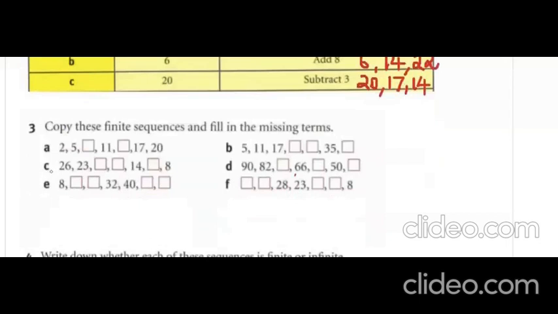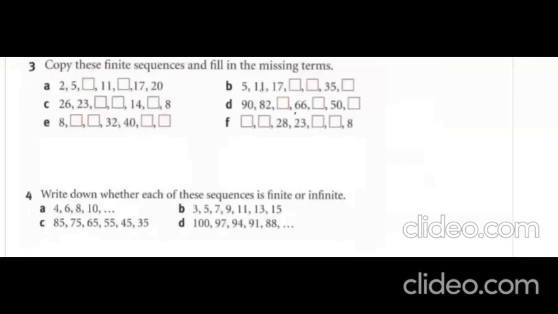Copy these finite sequences and fill in the missing terms. So, as we said before, we have to make use of the formula: common difference D is equal to T2 minus T1, term 2 minus term 1. 5 minus 2.